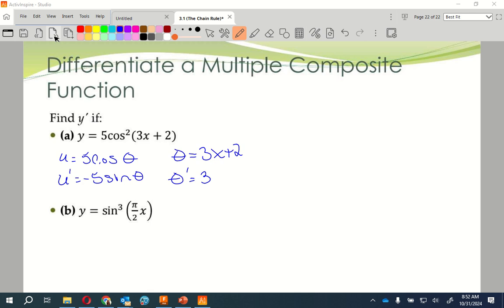So let's rewrite it. Starts off with u squared.